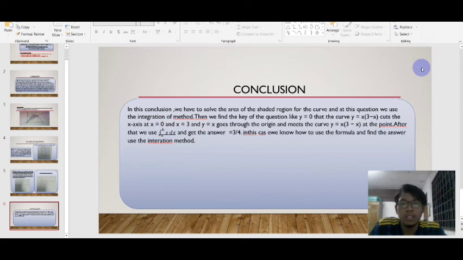Today I want to do the conclusion for question 5. In this conclusion, we have to solve the area of the shaded region for the curve, and in this question, we use the integration method.